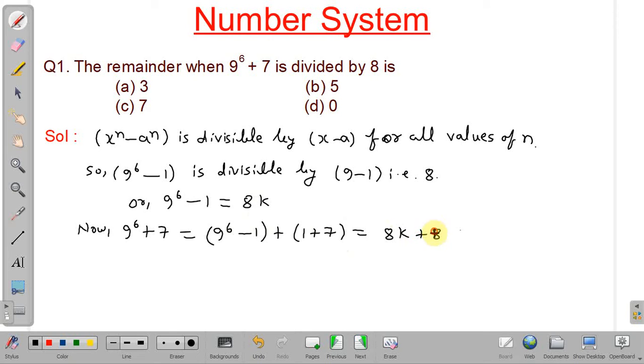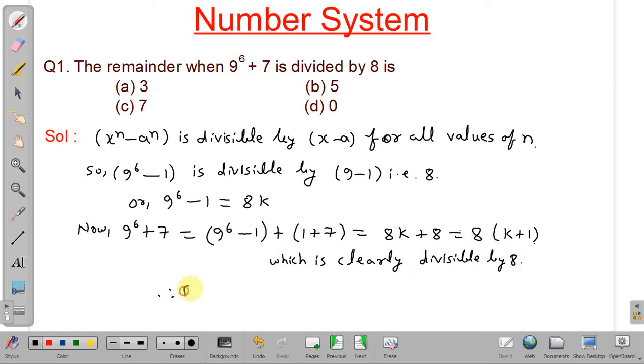So 8k plus 8, and it is 8 into k plus 1, which is clearly divisible by 8. Therefore, what will be the remainder? Remainder will be equal to 0. So our answer is D.